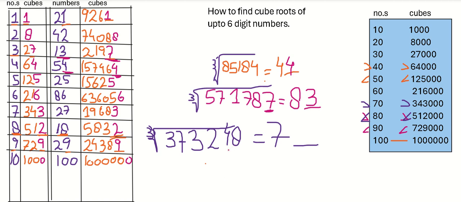And now if we look at the ones digit of this number, it's 8. So its cube root is going to have 2 in its ones place. So it's 72. Just like that, we have figured out that the cube root of 373,248 is 72.